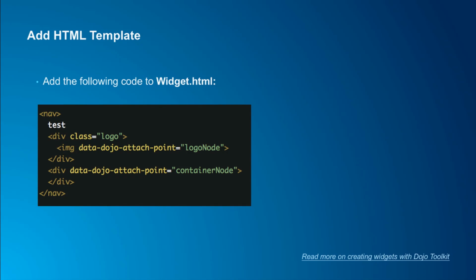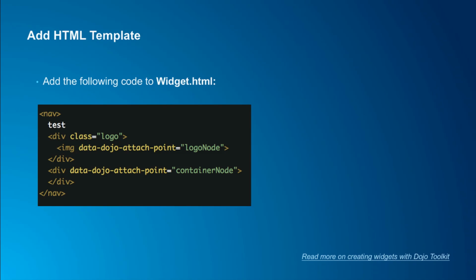Then the next step is to actually construct the front end, the UI of that sidebar controller. So I think everybody is familiar with how the Dojo widget works. So this is the HTML template, no different than any other Dojo widget.